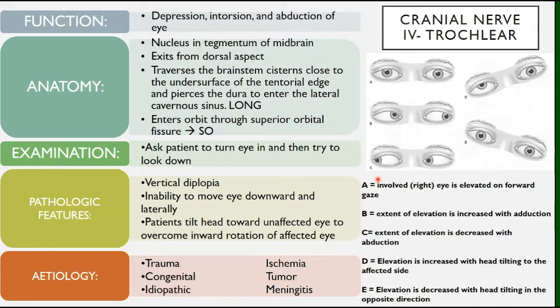The head tilt is away from the lesion, because apart from going down and in, superior oblique also makes the eye intort. So if it's not working, then you get some extorsion. For you to correct that extorsion, you tilt your head, so it comes back into line again. So you get a head tilt away from the lesion. That's called the Bielschowsky head tilt test for trochlear nerve palsy.